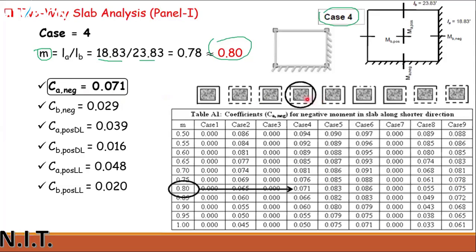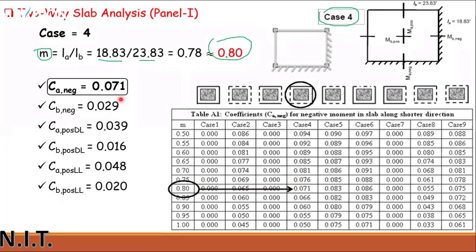Ca negative from this numerical is 0.071. You can see that this is the Ca negative table. Table 1 is for Ca negative. This is the value at the intersection point of case 4 and M value 0.8, so the Ca negative value is 0.071.